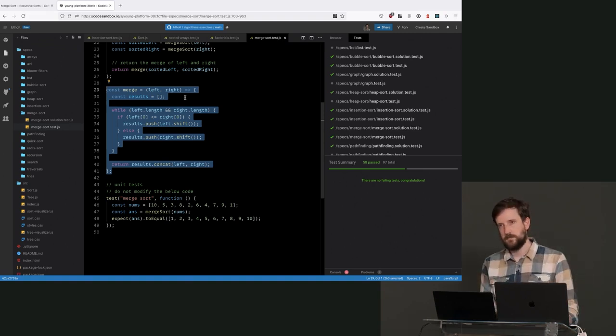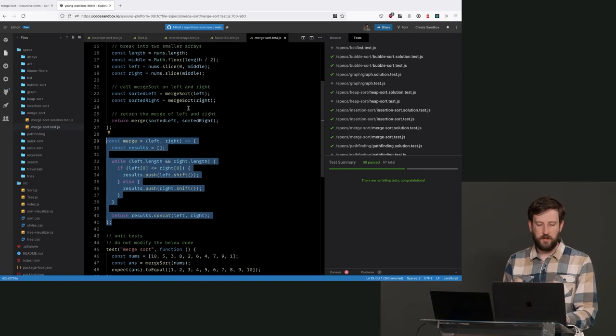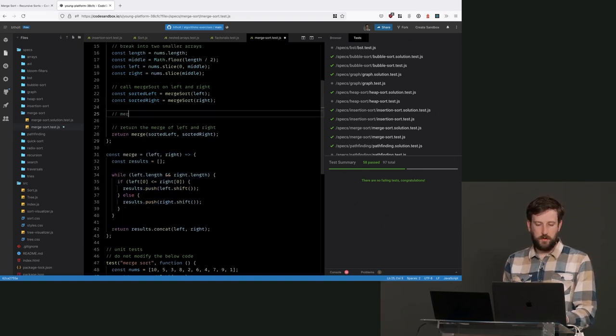I tried my hand at writing the merge part of this in a recursive style as well. I guess you could, right? Instead of having a merge function here, I guess that works, but I wouldn't do that.